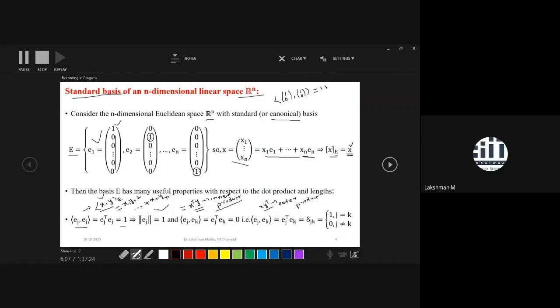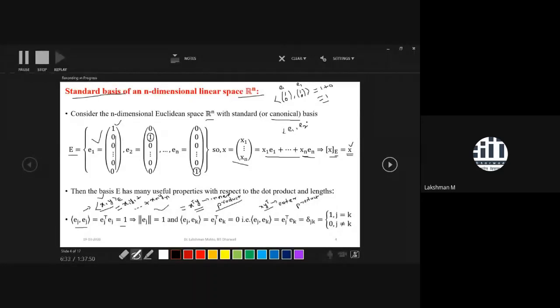Do component-wise multiplication, then sum it up: 1 times 1 equals 1, and 0 times 0 equals 0. So 1 plus 0 is 1.